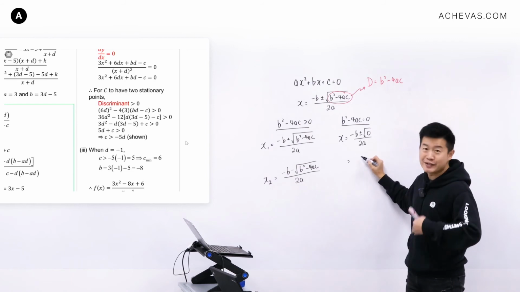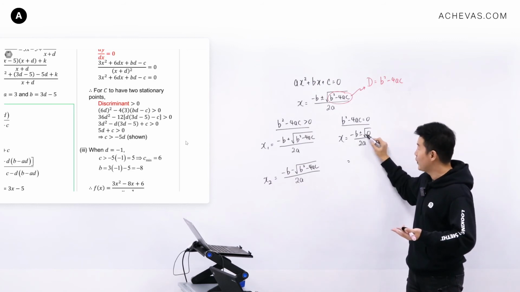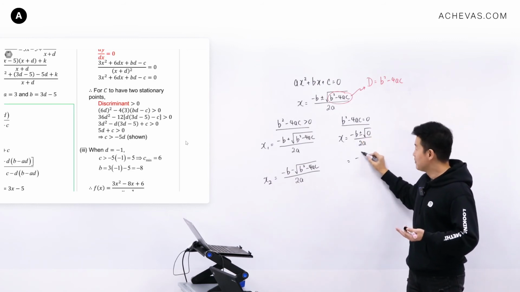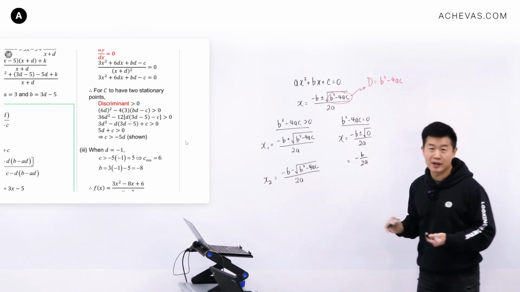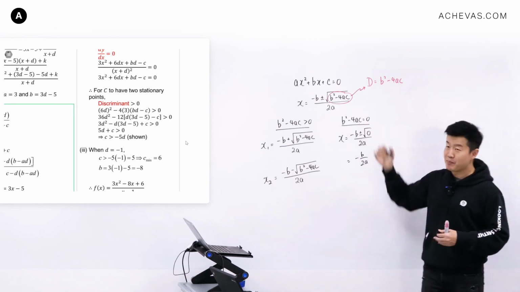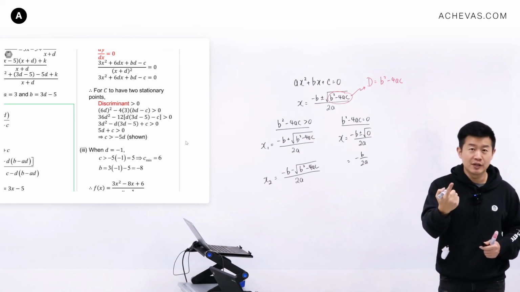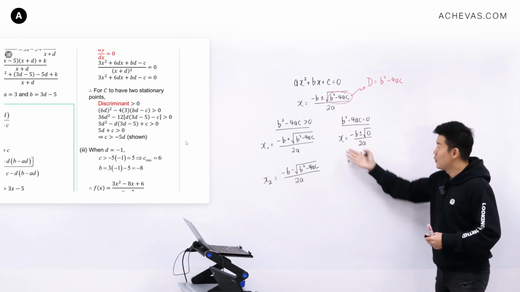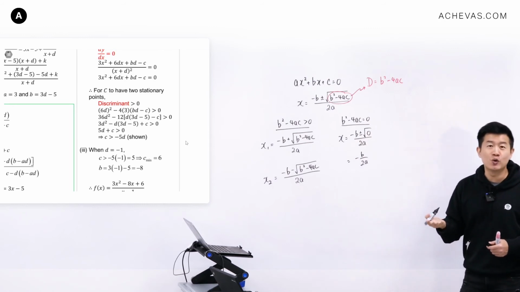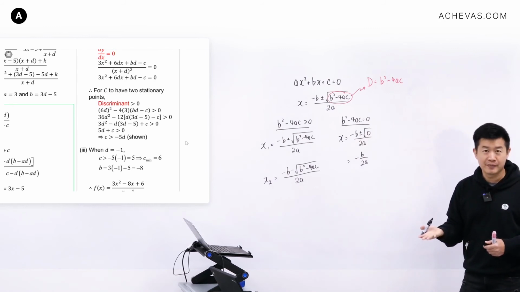We are getting two roots that are exactly the same because both are going to be minus b over 2a. So sometimes we say that when b squared minus 4ac is equal to 0, we are expecting one root. Or like what Sik just mentioned, two equal roots.